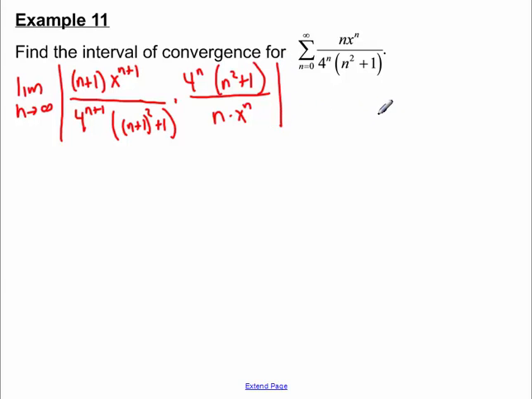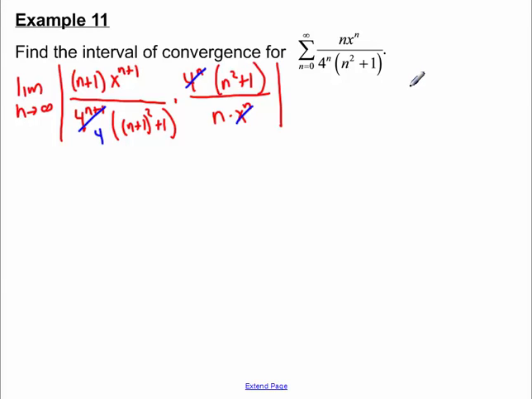Okay, so let's look and see what we can cancel here. This 4 to the n plus 1 and 4 to the n cancels to just be a 4 on the bottom. X to the n and this x to the n plus 1 cancel to just be an x on top.